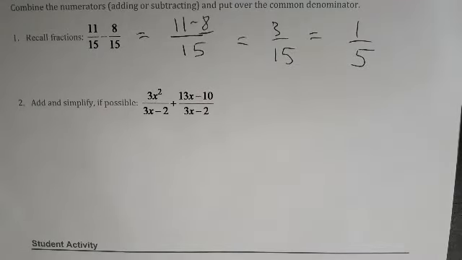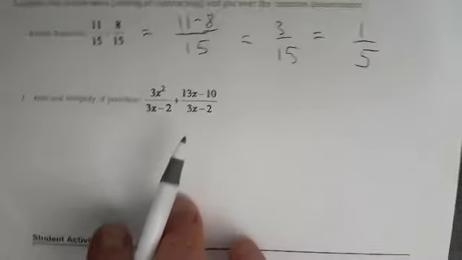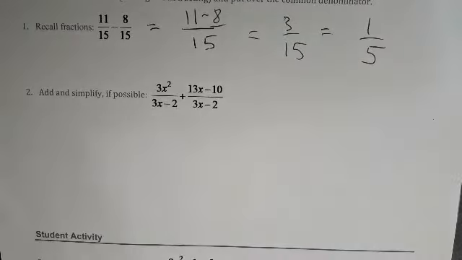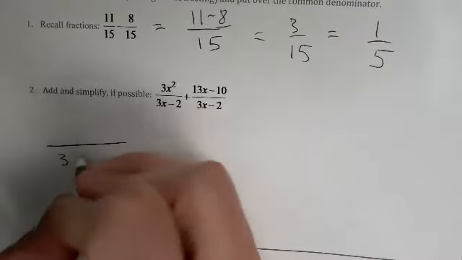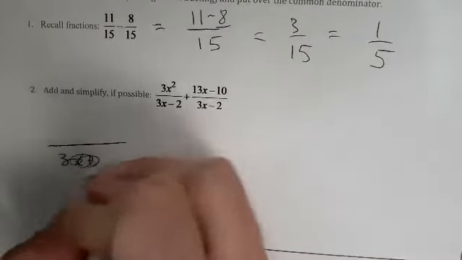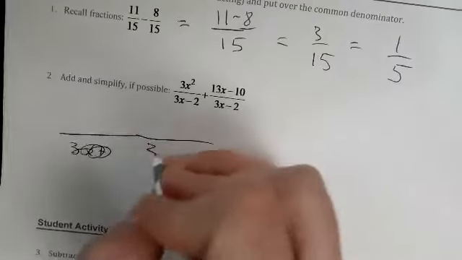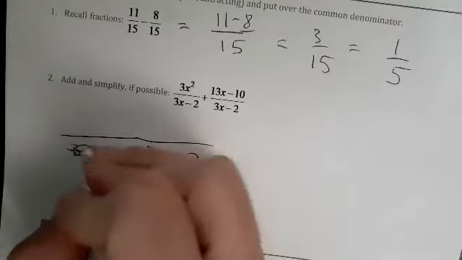Okay. So if I look at this thing, I want to use the same rule. This has the same denominator. This has a denominator of 3x minus 2. Let's do that again.